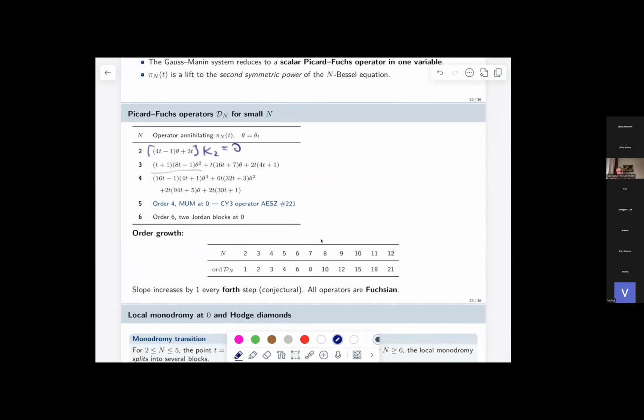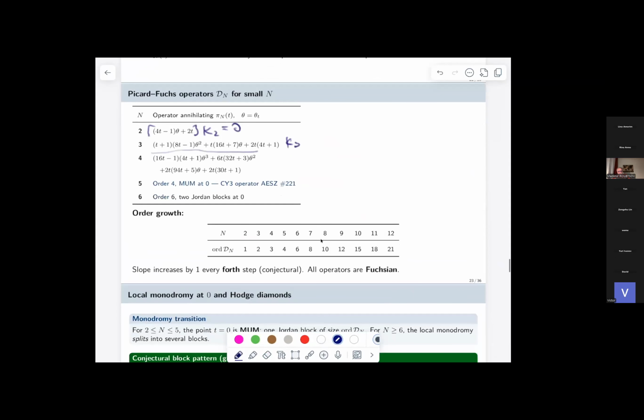This operator annihilates K3. What is interesting with these operators is the following. This always singular point is at the origin, t equal to 0, and up to n equal to 5, it means order 4 differential operators.